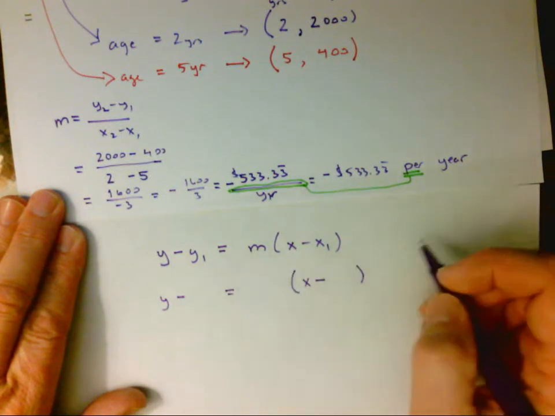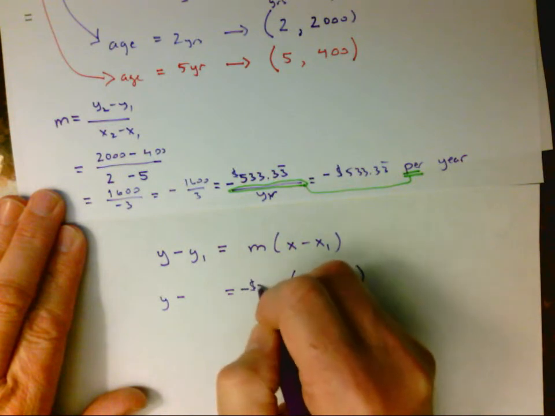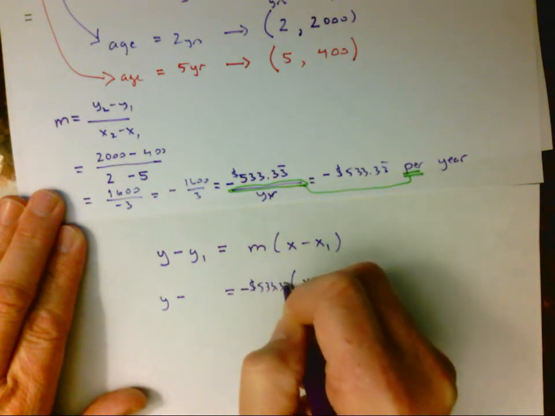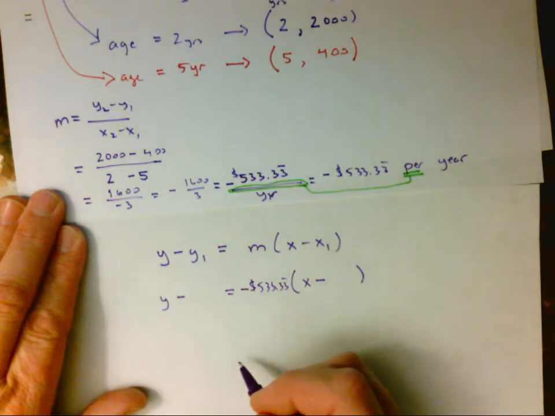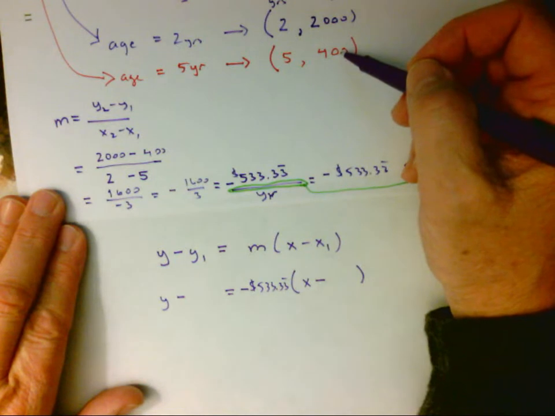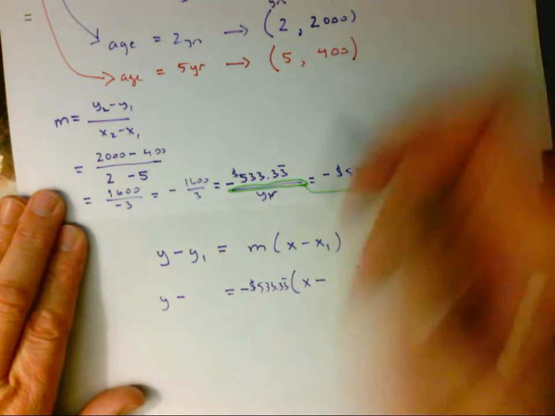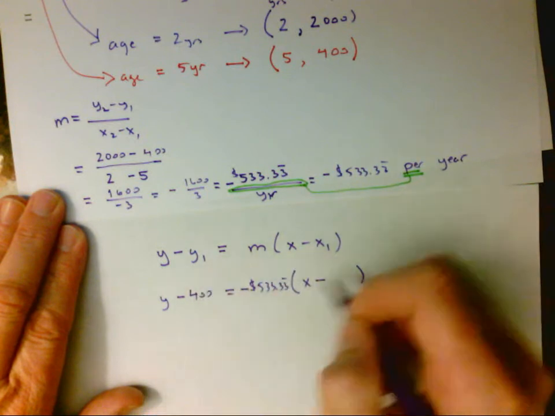Go ahead and drop in the slope, minus $533.33. And then we need to pick a point. 6 of one, half a dozen of the other. I'll use the second point here. So the y is a 400, the x is a 5.